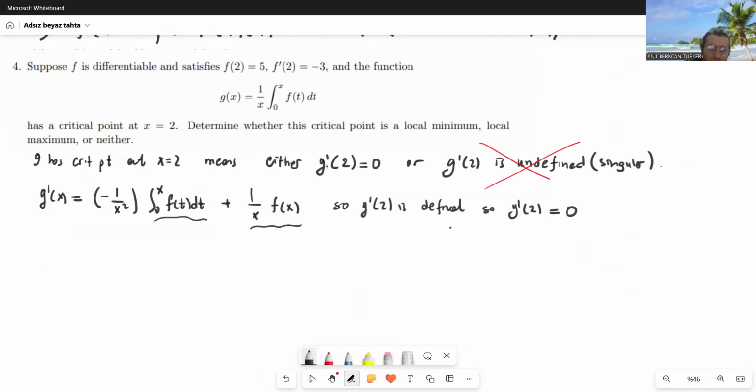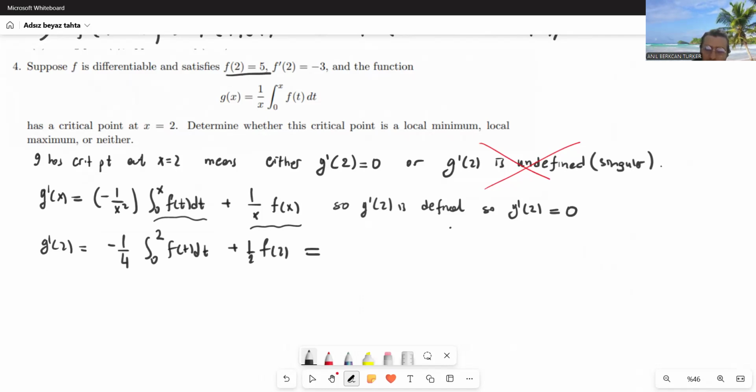When you just plug in here for g prime 2, you get minus 1 over 4 times the integral from 0 to 2 of f(t) dt plus 1 over 2 f of 2. We also know the value of f(2), which is 5, right?